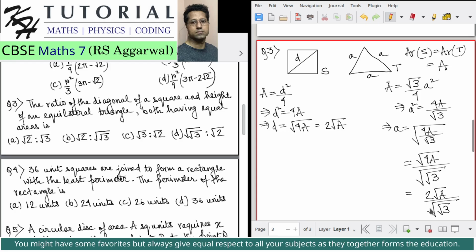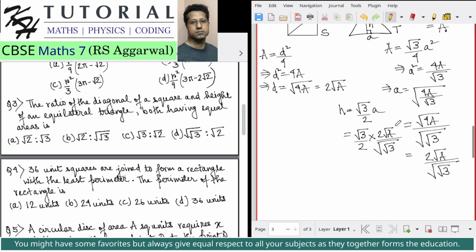Now we also know the relation between the height of an equilateral triangle and the length of each side. If I consider the height of the equilateral triangle to be h, then h will be equal to square root of 3 by 2 times a. So this is equal to square root of 3 by 2 times 2 square root of A divided by square root of 3.